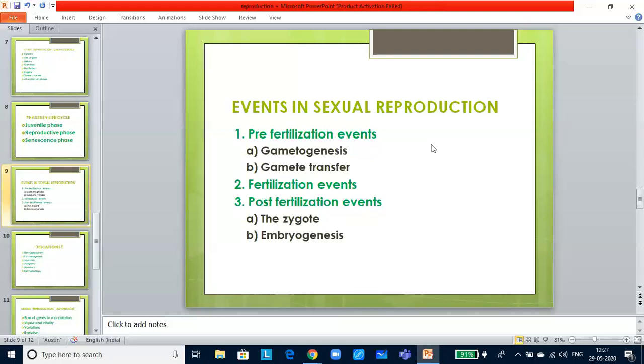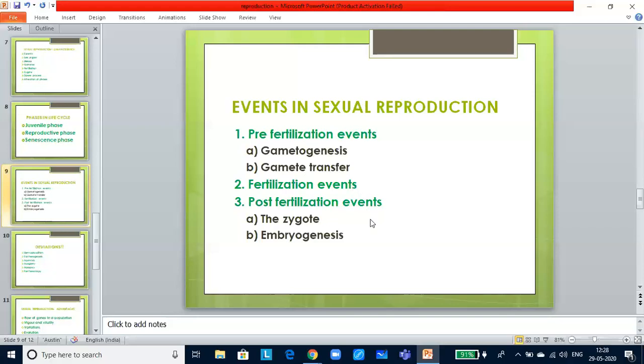In fungi, higher plants, reptiles, birds and mammals, syngamy occurs inside the body of the female organism, and hence it is called internal fertilization.